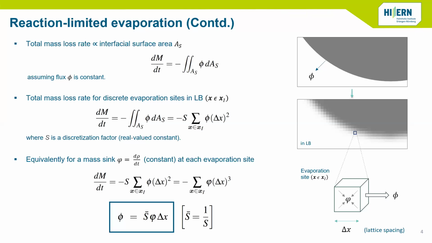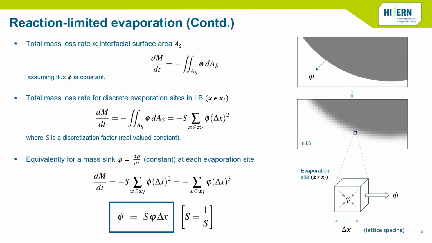Here I introduce a real valued constant that I'll call the discretization factor. It accounts for the fact that I'm trying to represent a continuous interface as a diffused one, and that is also discretized on a lattice. What exact value this S will take, I'll talk about in the coming slides. Equivalently, we can also say the rate of mass change due to flux at each of the sites can also be due to a mass sink with the following rate.